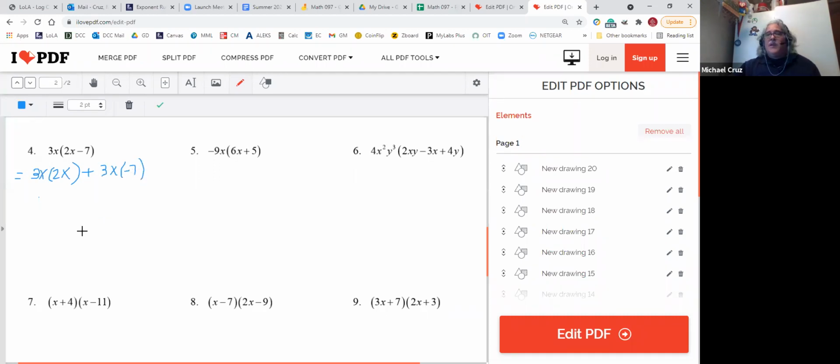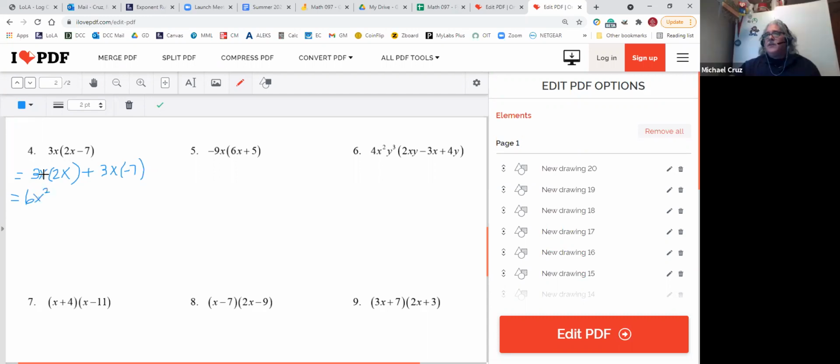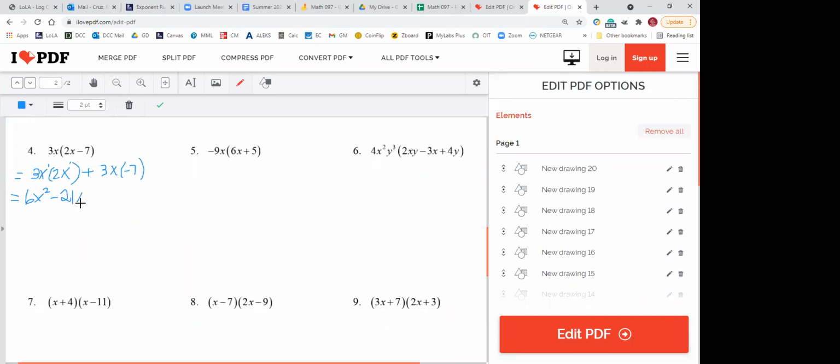So there's the 2 multiplications you're playing. So 3 times 2 is 6. What do we got for the x term? X squared. Exactly, because it's x times x. So this is a 1 and that's a 1. You add those up and you got 2. This one, it's 3 positive times negative 7, so it's negative 21. And there's 1 x. Yeah, good.